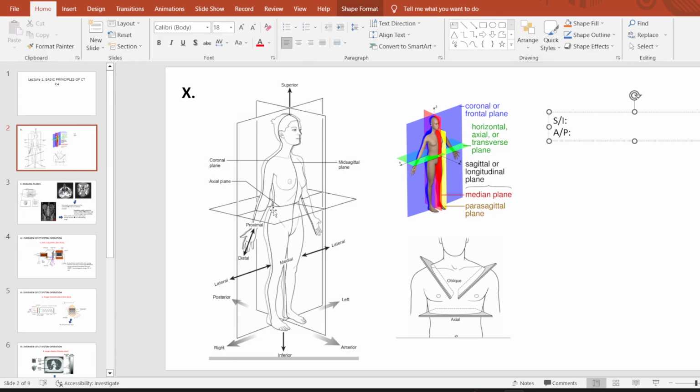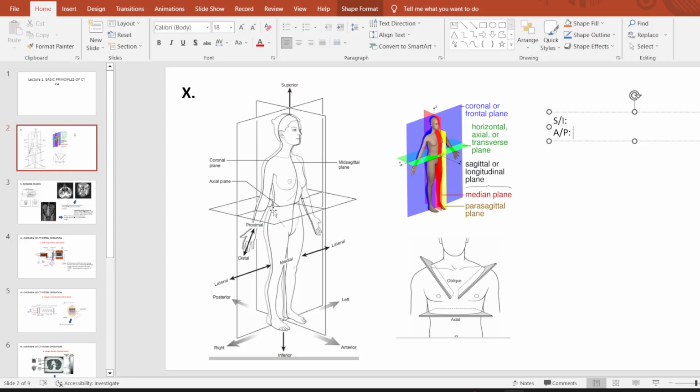And right now we will transfer into the planes, the basic planes of our body. First of all, the axial plane, one of the most famous planes whenever anybody is talking about CT, MRI, or any imaging scanning.